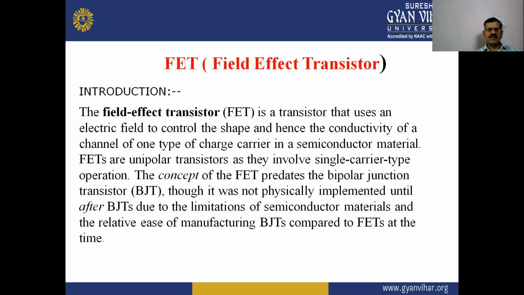A FET is a transistor that uses an electric field to control the shape, and hence the conductivity, of a channel of one type of charge carriers in a semiconductor material. FETs are unipolar transistors as they involve single carrier type operation. Single carriers may be holes or electrons.